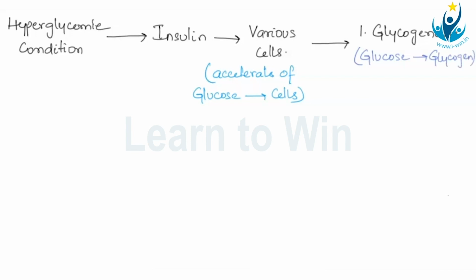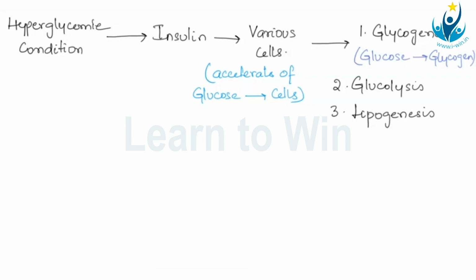Then it also starts glycolysis, which is breaking down of glucose in the body. So one, it is converting glucose into glycogen. Second, it is promoting glycolysis. Third, it is promoting lipogenesis, which is formation of fatty acids.